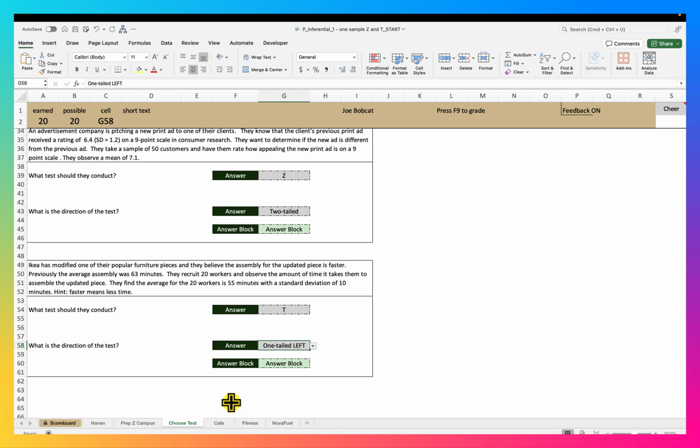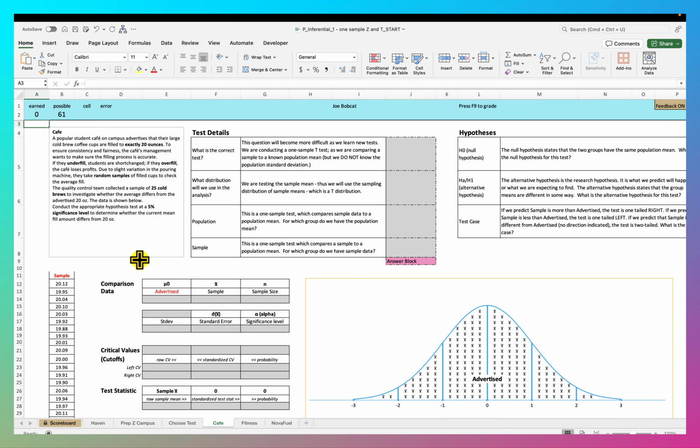Okay. So a popular student cafe on campus advertises that their large cold brew coffee cups are filled to exactly 20 ounces. To ensure consistency and fairness, the cafe's management wants to make sure the filling process is accurate. If they underfill, students are shortchanged. If they overfill, the cafe loses profits.